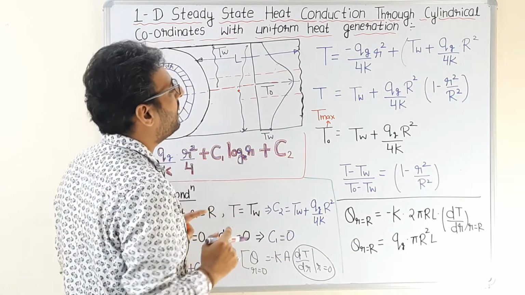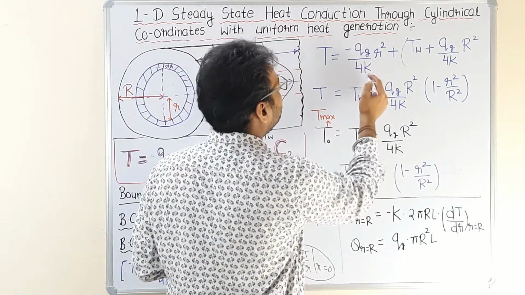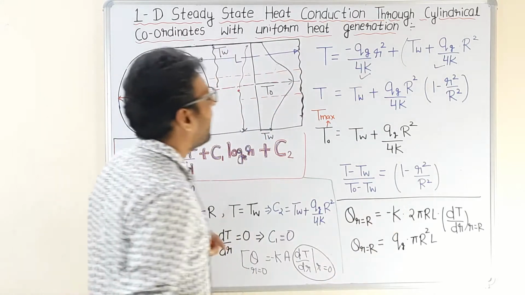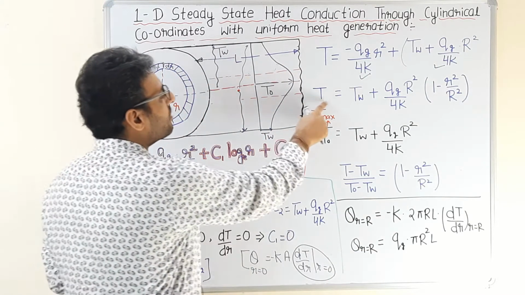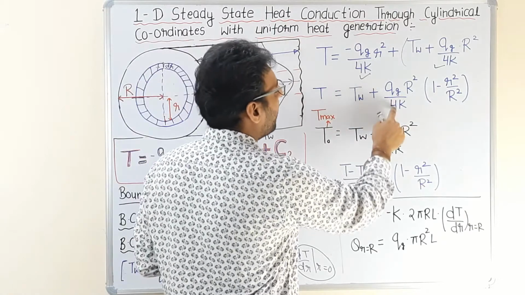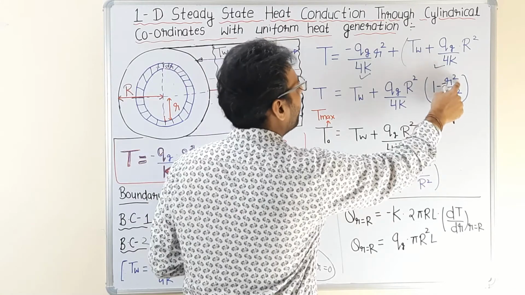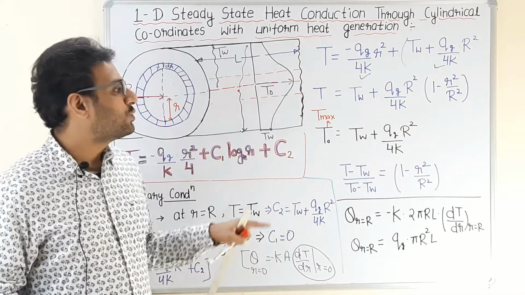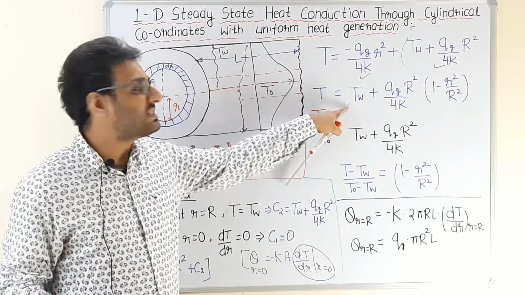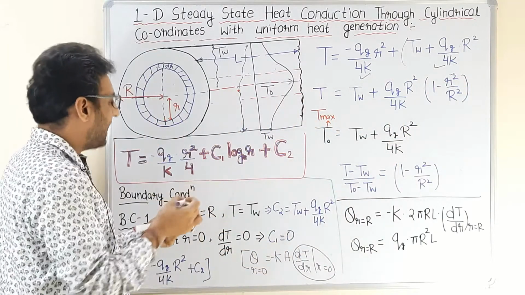When we take common QG by 4K for these two terms, our equation becomes T equals TW plus QG by 4K into capital R squared, times 1 minus small r squared divided by capital R squared. From this equation we can substitute the value of r and determine the temperature at any radius.